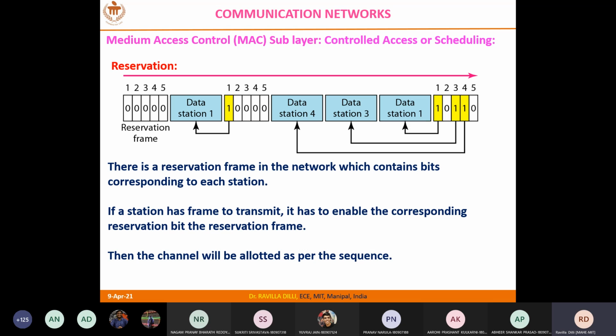Whoever wants to transmit should enable their respective bit, and then the channel is allotted to them. If more than one station enables, then in the same sequence, first station 1, next station 2, then 3, 4, 5, the channel is allocated.